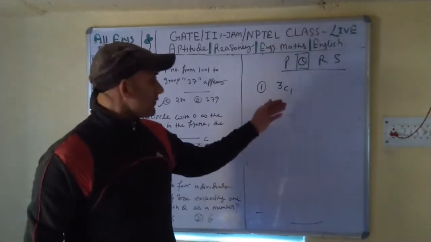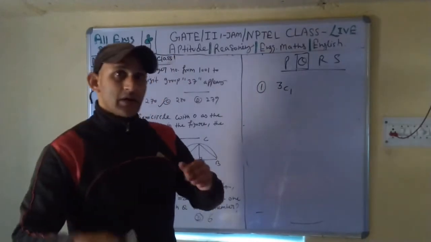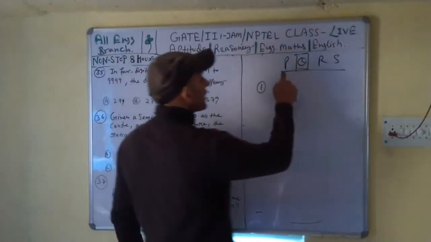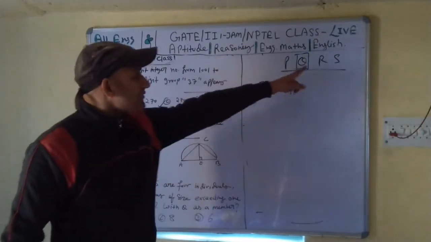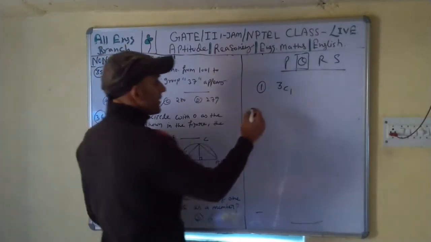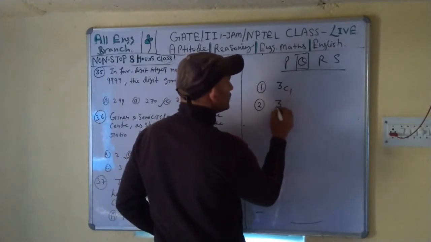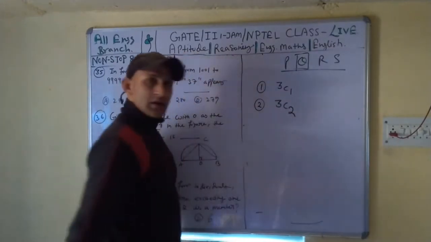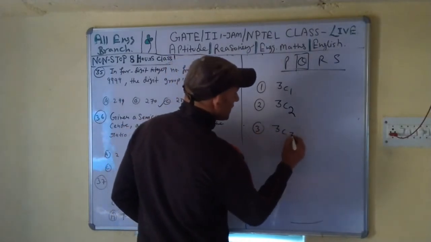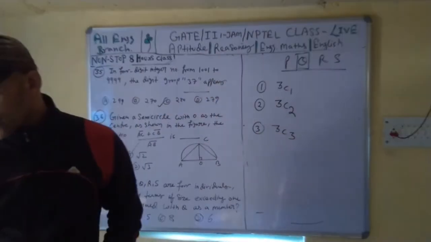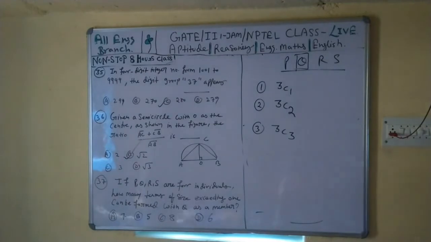Go to the lecture on permutation and combination. So there are total 3 members and you have to select any one out of 3, so 3C1. Now the second case is, maybe you will select 2 out of 3, and the third one is maybe you will select 3 out of 3. So there are total 3 cases.